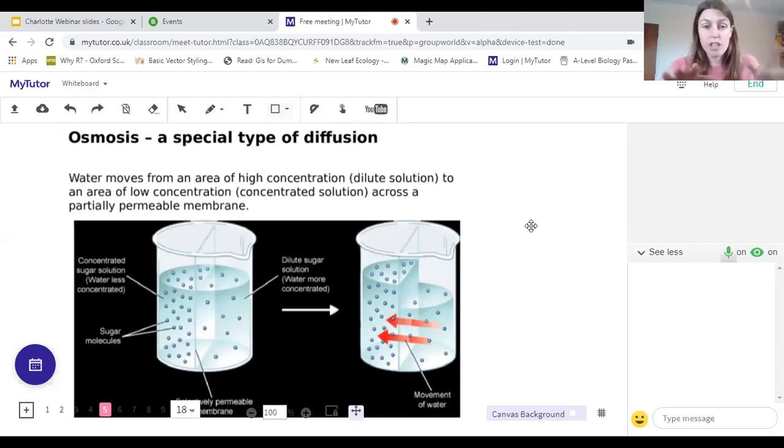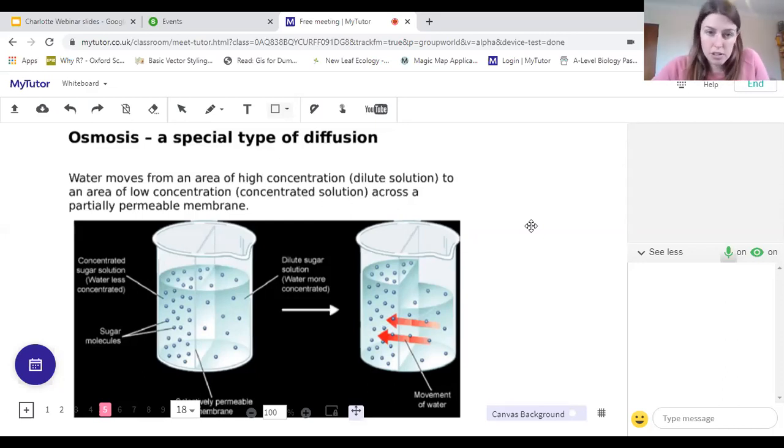So the official definition that you should write down in exams is that osmosis is when water moves from an area of high concentration to an area of low concentration across a partially permeable membrane, which is exactly what our cell membranes are that we talked about yesterday as part of cell biology. So all cells are surrounded by a partially permeable membrane, a cell membrane, that controls what enters and leaves the cell.